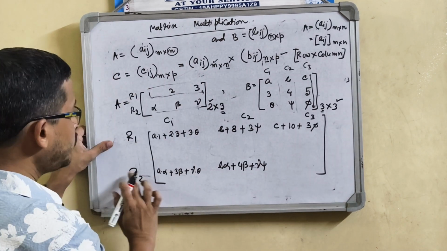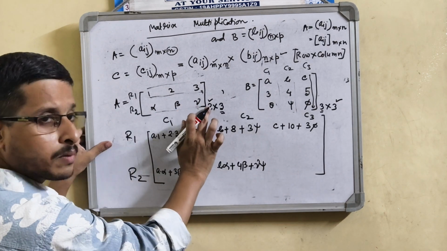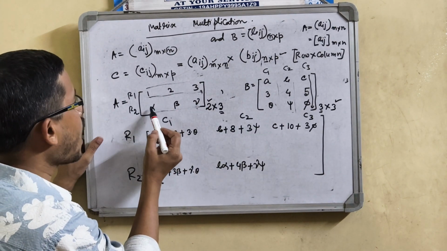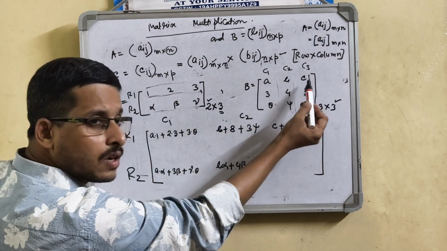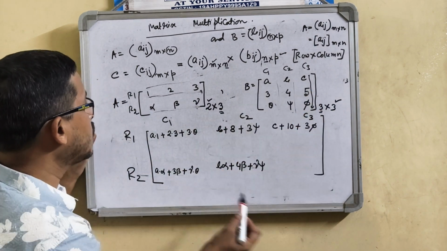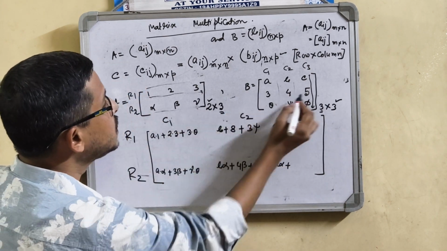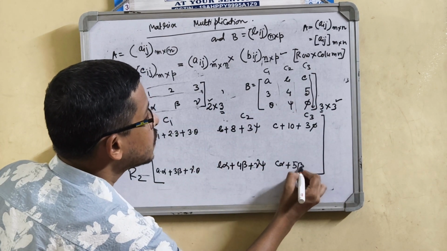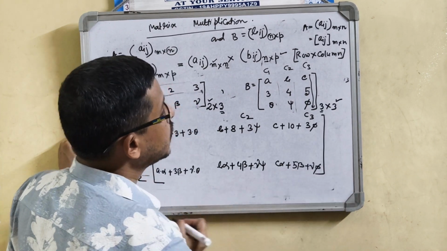Now this will be the second row, third column. Second row means alpha, beta, gamma, and this is the third column. So alpha into C, that is C alpha, plus beta into 5, that means 5 beta, plus gamma into 5, that means 5 gamma.